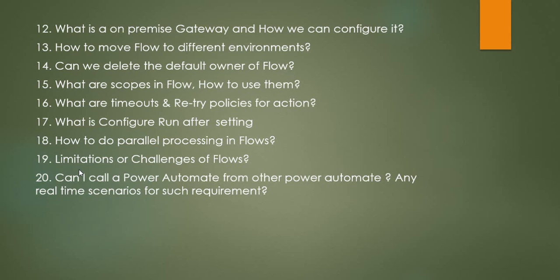Scopes provide the same mechanism and flexibility for us to capture the try and catch. For example, if I'm binding three of my actions in one scope, and those three actions could be reading one list item, and based on that list item I would be creating one file in my OneDrive, and if that file creation fails, then what should happen?